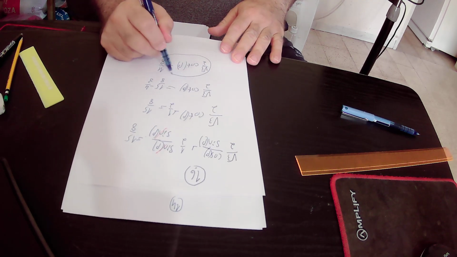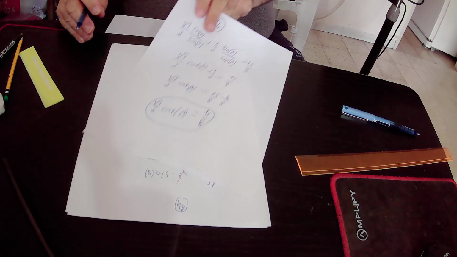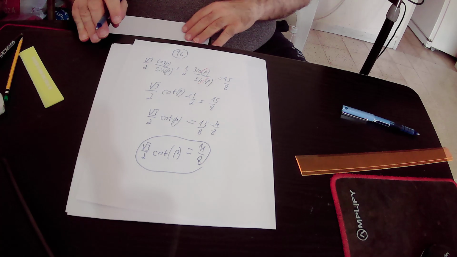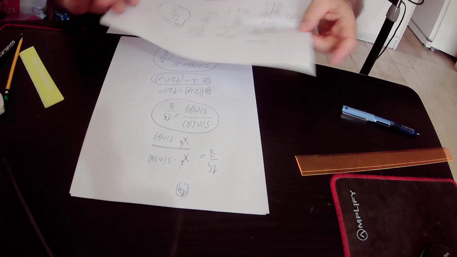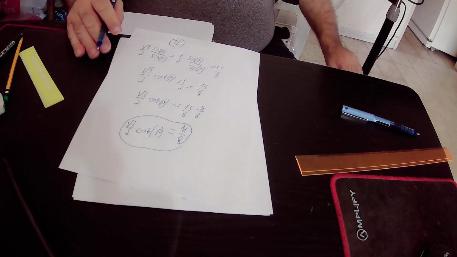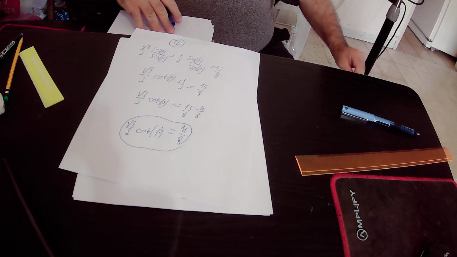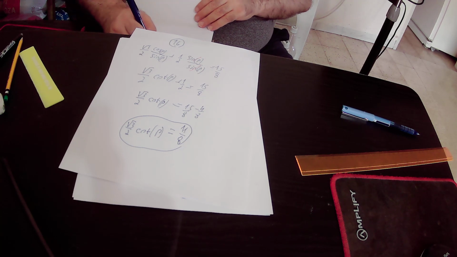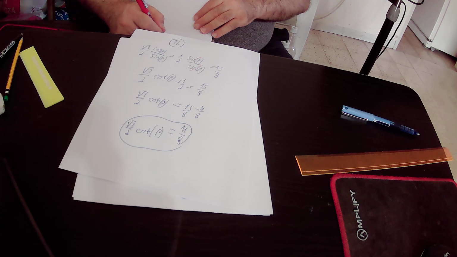Okay, but we have another trigonometric identity, that cotangent p equals 1 over tangent p.